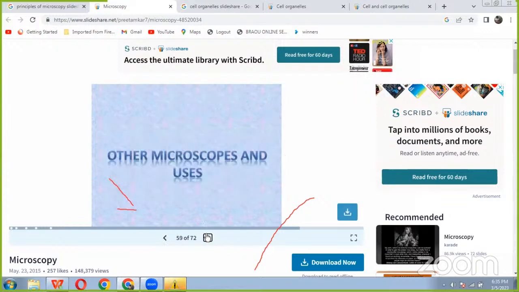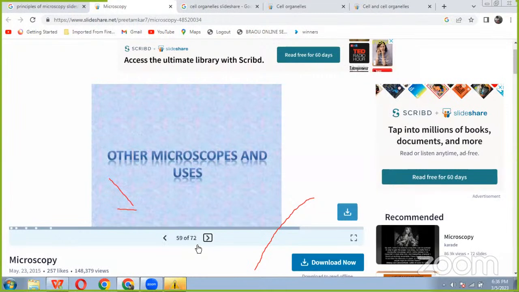That is the difference between the TEM and the SEM. And another important point. What are the major differences between the light microscope and the TEM? Mainly, in the light microscope visible light is the source of illumination. Okay, visible light is mainly the source of illumination.